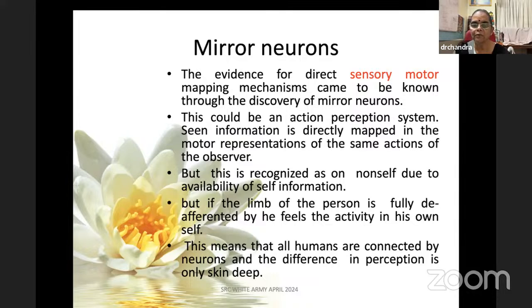So it is self-information that locks you into the cocoon of your selfishness. Then you lose your empathy. But that right hand is not there. So in your body schema, there is space in your right hand. So that is not locked up in the cocoon of body schema. So the right hand is universal for you when it is not existing. So somebody is beaten on the right hand, you feel more empathy, more sympathy, more pain, because that part is not locked in the selfish cocoon of your body schema.